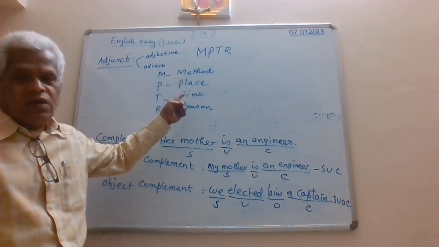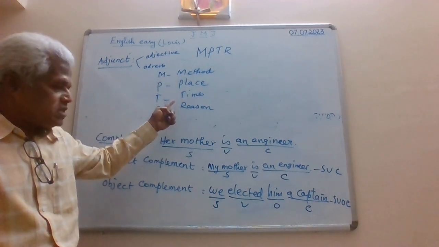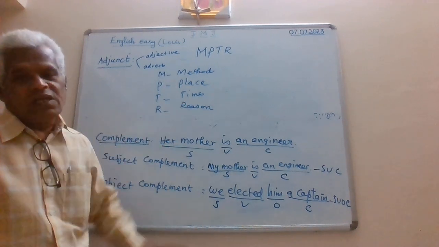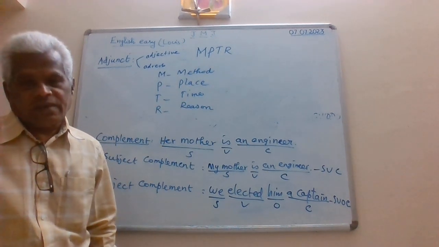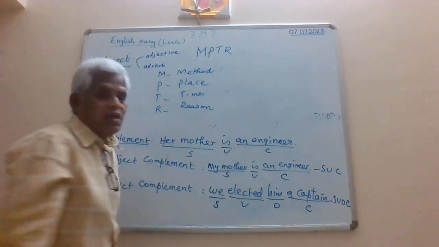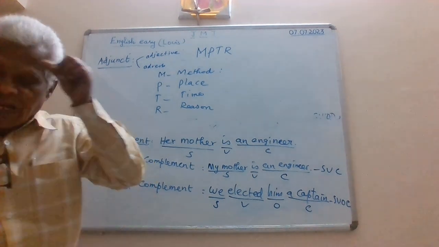Now when you have a word referring to any one of these information, we will call that an adjunct. So we can write an example to each of these to understand better what is an adjunct.